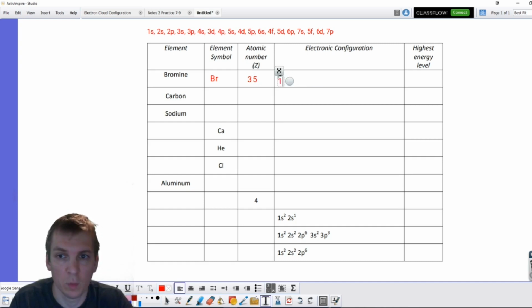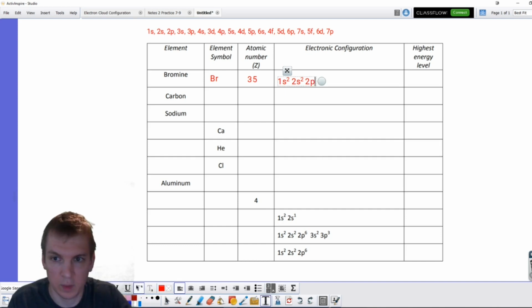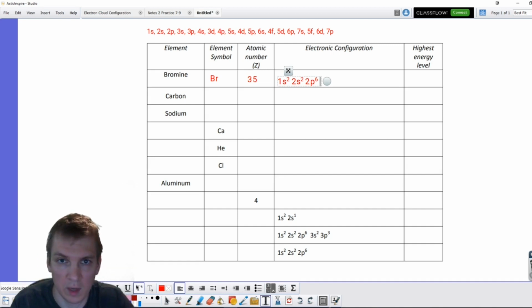We have 1s, and then we're going to put in a maximum of 2, so keep that in mind. 1s2, then I have 2s2, 2p, and I'm going to go ahead and put in a maximum of 6. Then the next one is 3s2, and 3p6.